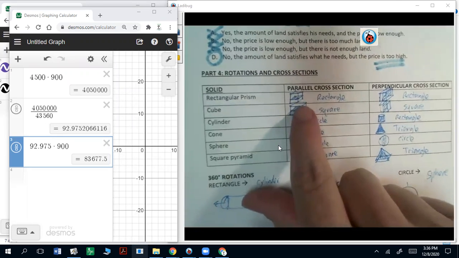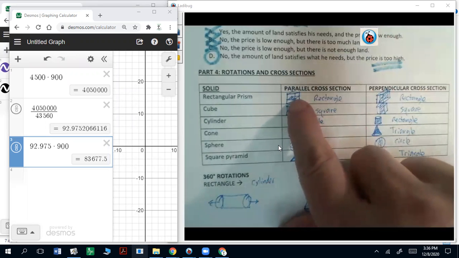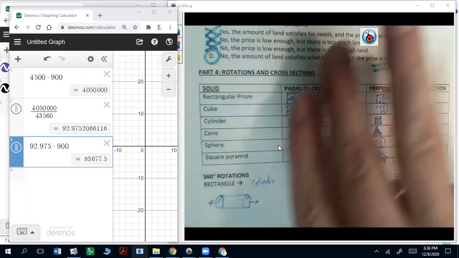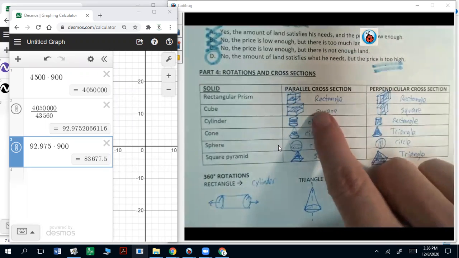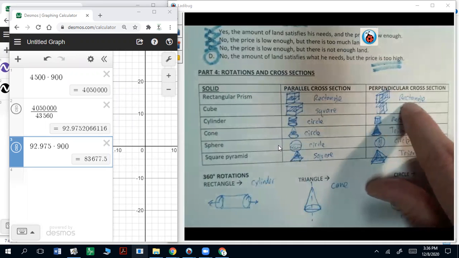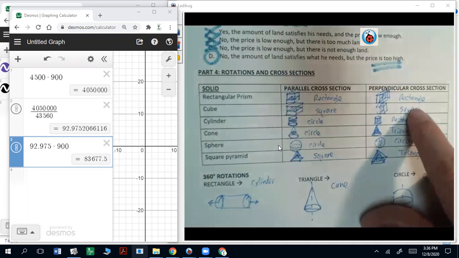So basically a cross section, when you slice a 3-dimensional figure, is the 2-dimensional shape you get when you see it. So if you take a rectangular prism and you slice it along the horizontal, you're going to get a rectangle. And same way if you go vertical, perpendicular. With a cube, since all the sides are the same, you're going to get a square for both of those.